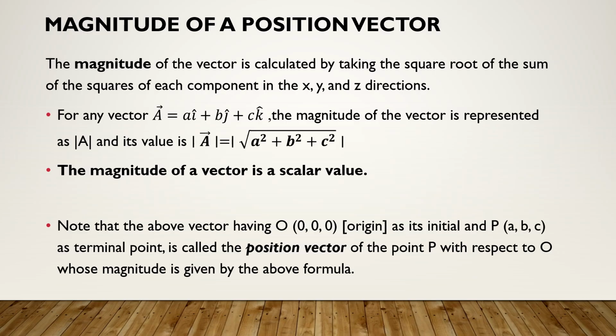Note that the above vector having origin 0, 0, 0 as initial point and a point P which has coordinates a, b, c as the terminal point is called the position vector of the point P with respect to origin, whose magnitude will be given by our above formula. So this formula gives the magnitude of a position vector.